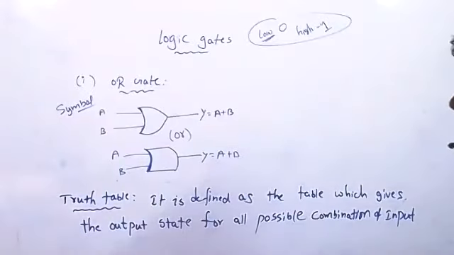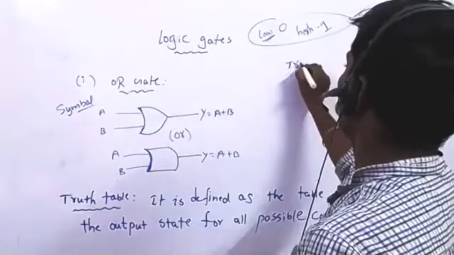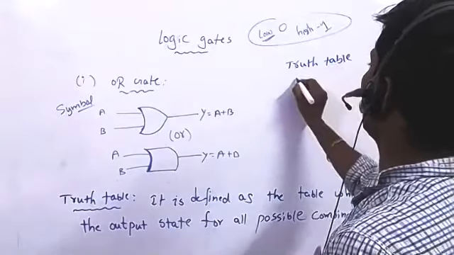So now look at this. I'm going to draw truth table for OR gate. So truth table, you will get idea clearly now here.